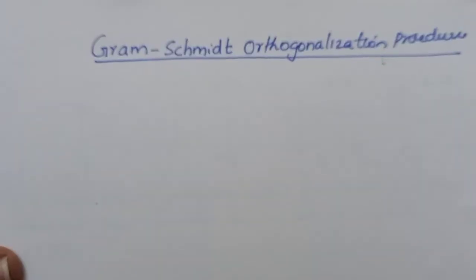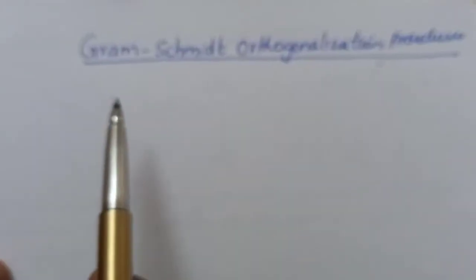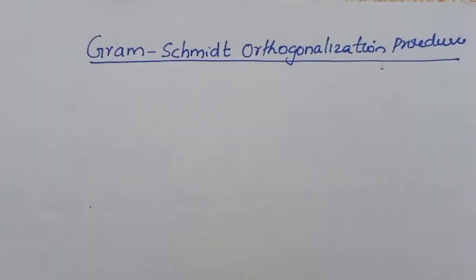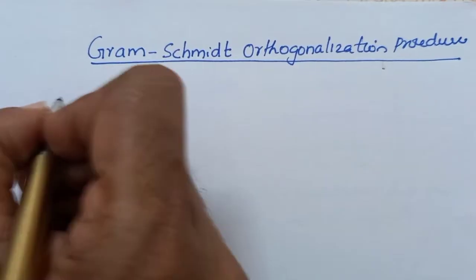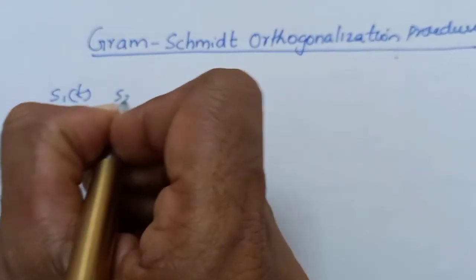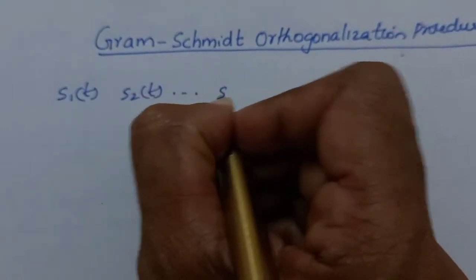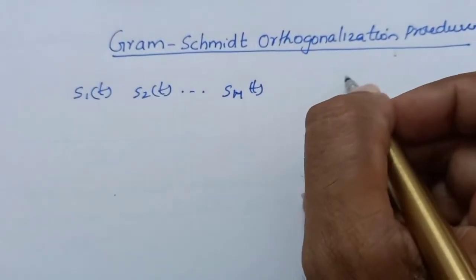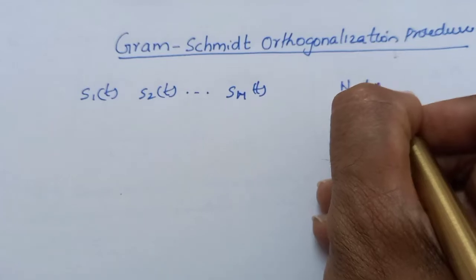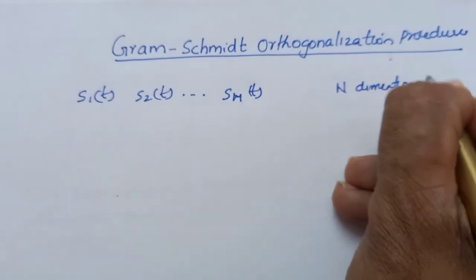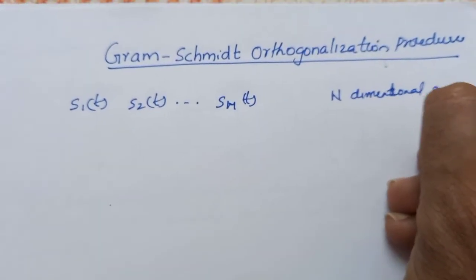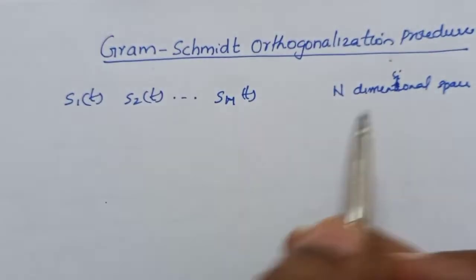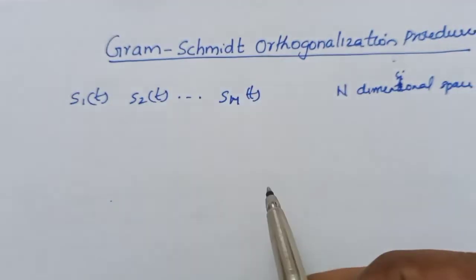For doing this problem, let's have a quick recap on the Gram-Schmidt orthogonalization procedure. We know that if we have M signals, say S1(t), S2(t), etc., SM(t), and we have an n-dimensional space, we can represent these M signals in this n-dimensional space.